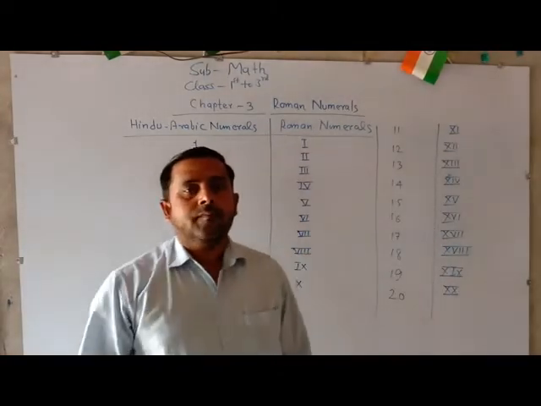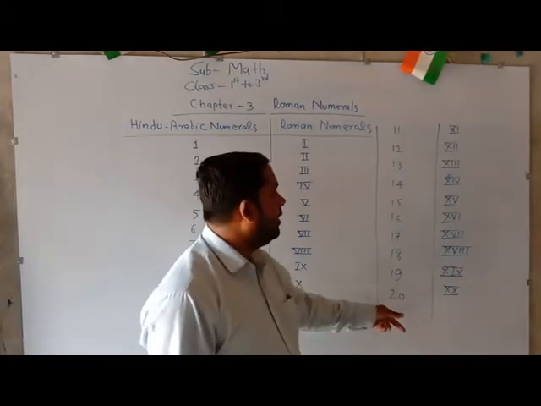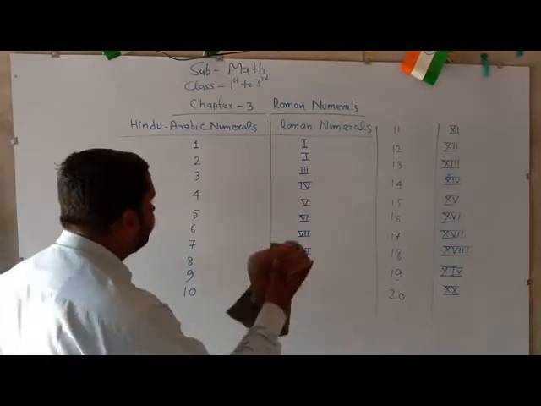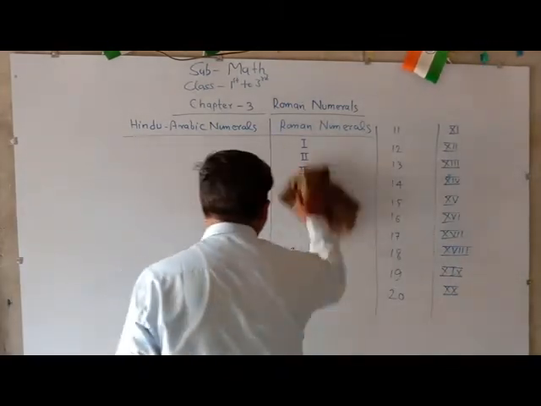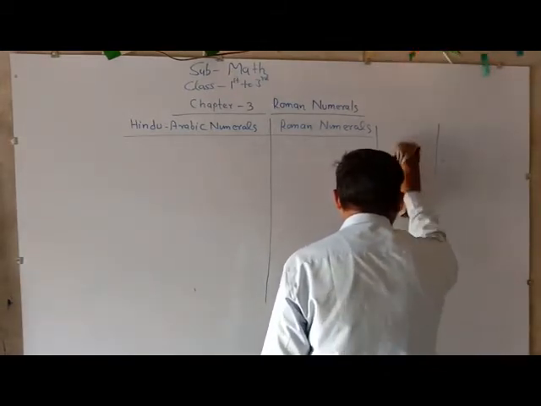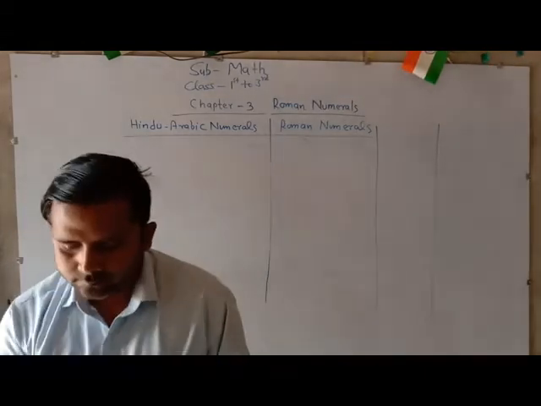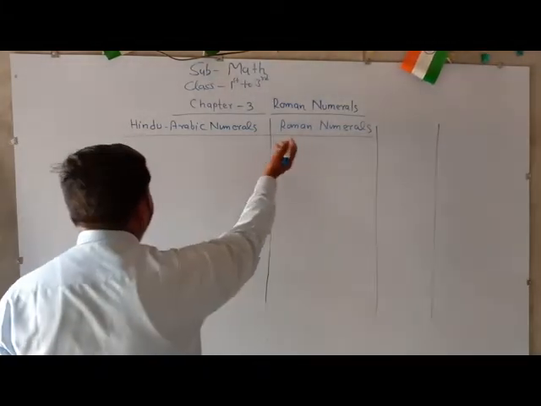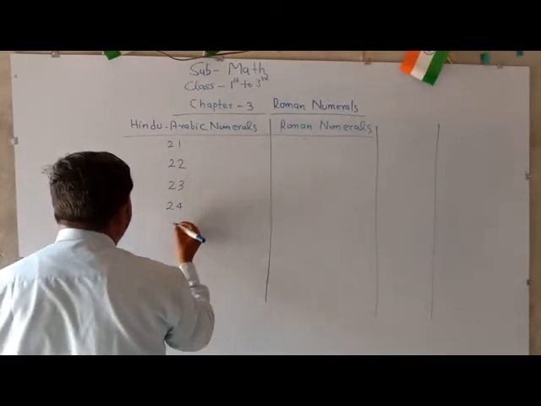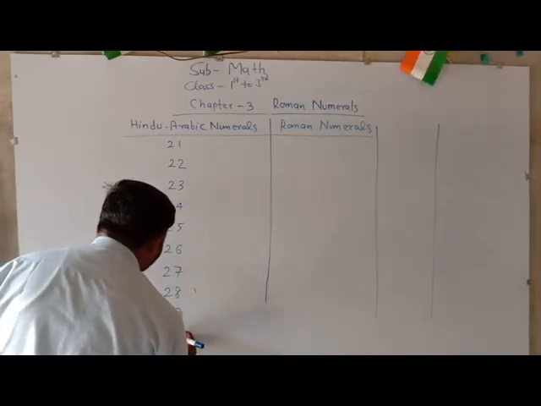Students, you understood 1 to 20, and next 21 to 40. 21, 22, 23, 24, 25, 26, 27, 28, 29 and 30.